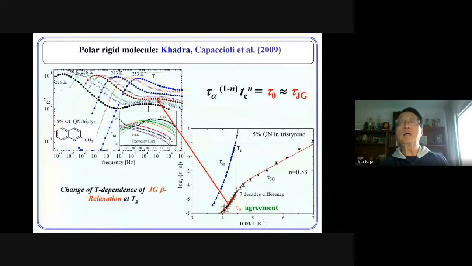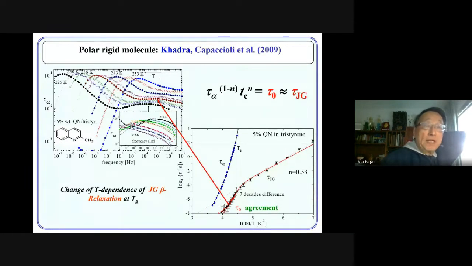Let's go to another example. This is the one Cangialosi and Simone did. Very nice, very beautiful work. Now it's quinaldine on the left top, on the corner. You see the molecular structure is a rigid molecule too, and the beta relaxation is well resolved.